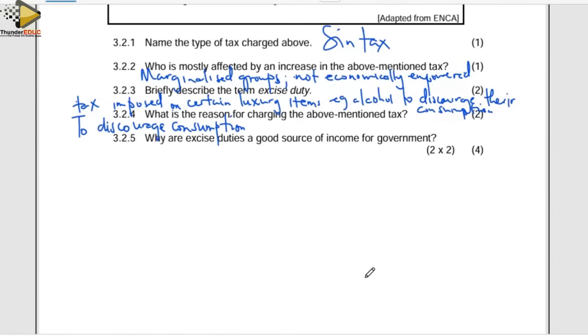Why are excise duties a good source of income for government? For what reason? I've just given one of the reasons.